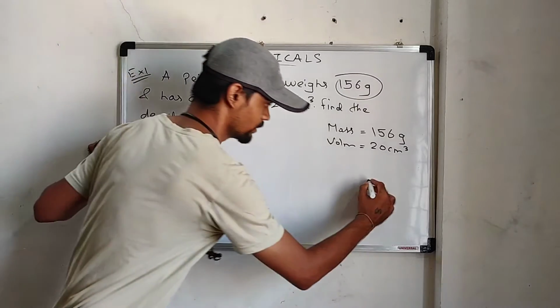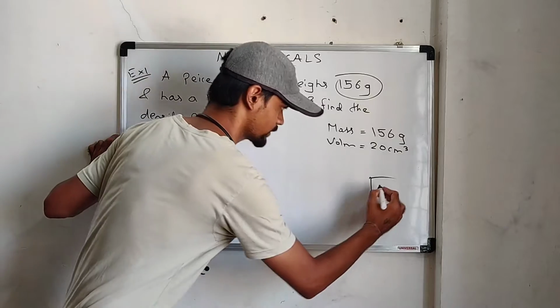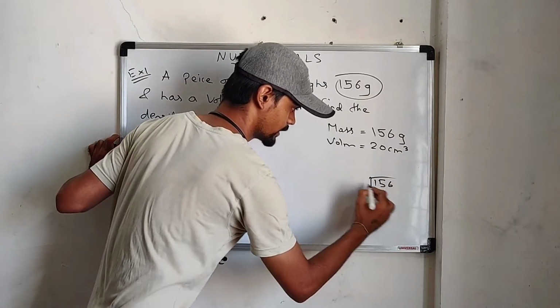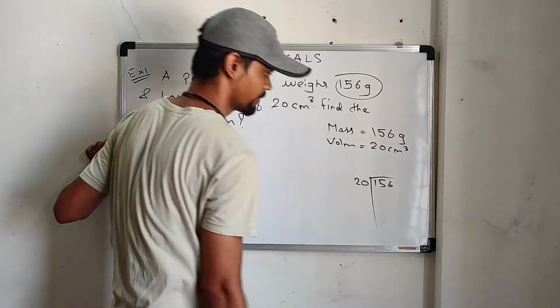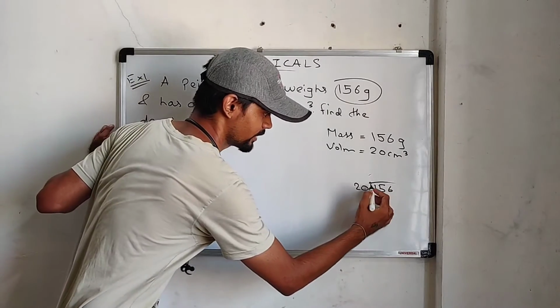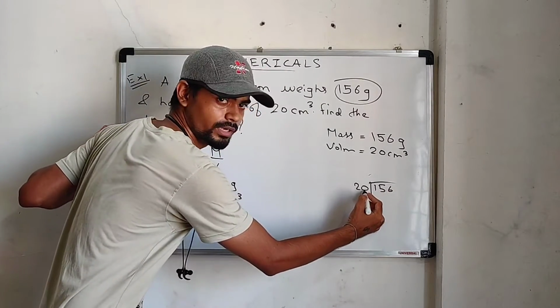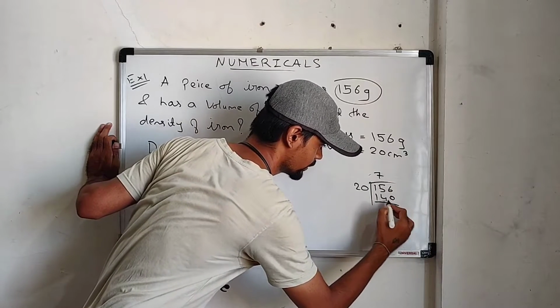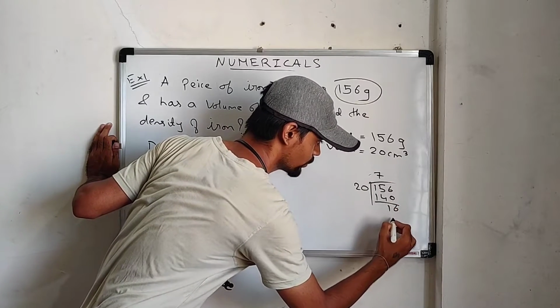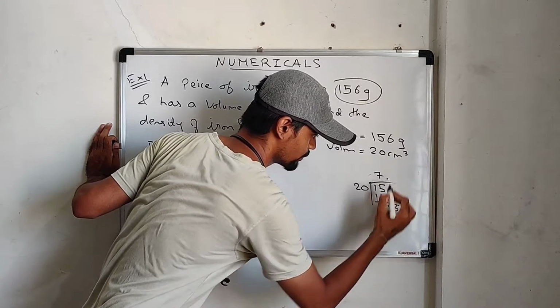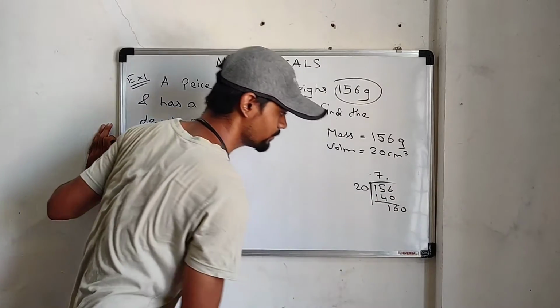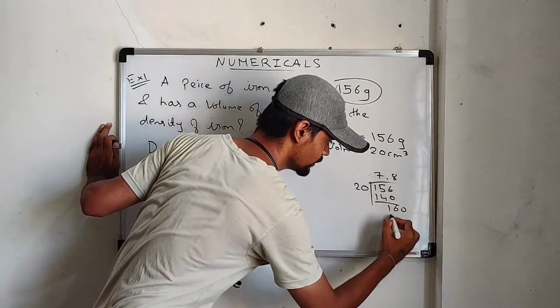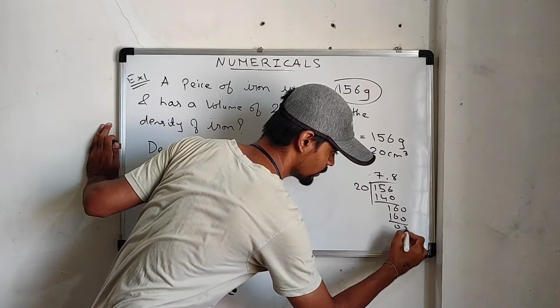You can do it in the rough work, 156 divided by 20. We get 7, that is 140, then 6 over here, then we put a decimal, so 0 comes, and 2 eights are 16, so the remainder is now 0.